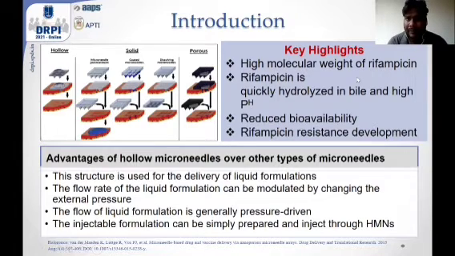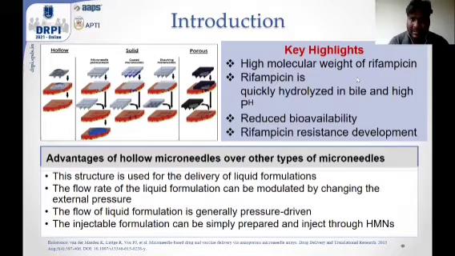What is the rationale of using the microneedles as a drug delivery system? As I am using rifampicin as a drug, since rifampicin has a high molecular weight, it cannot be given orally, and rifampicin is quickly hydrolyzed in bile at high pH.